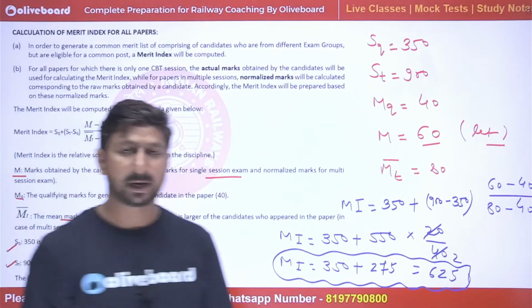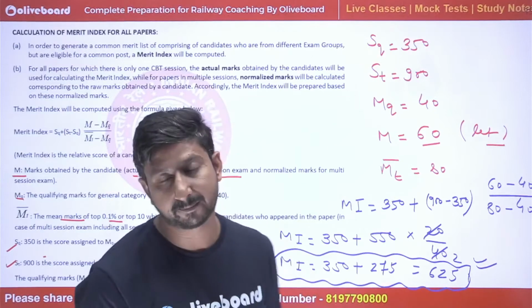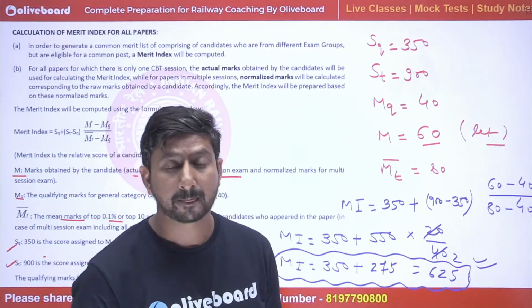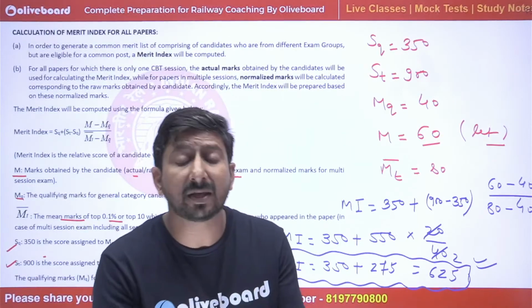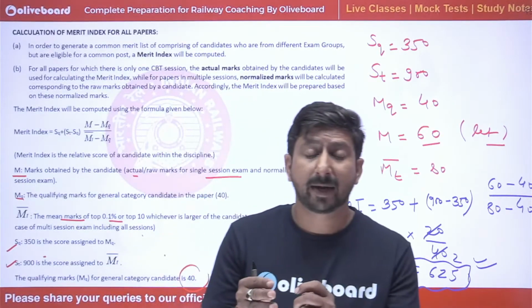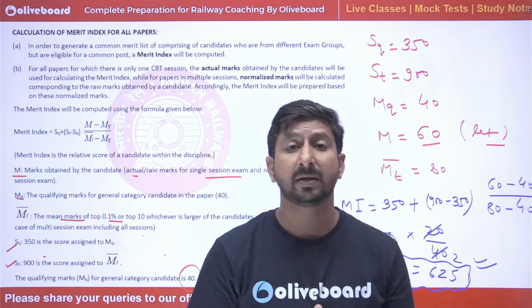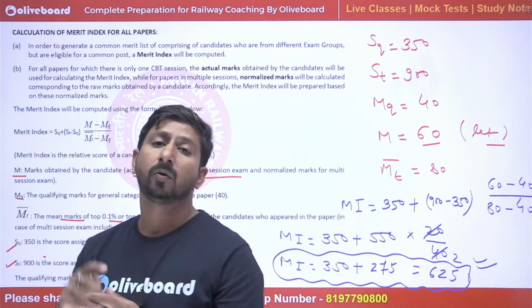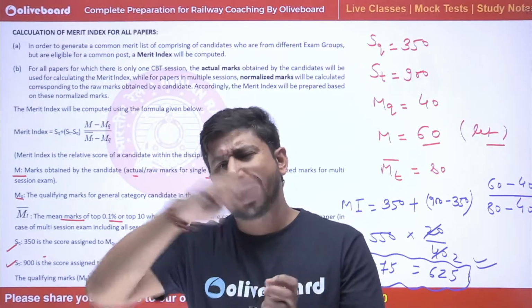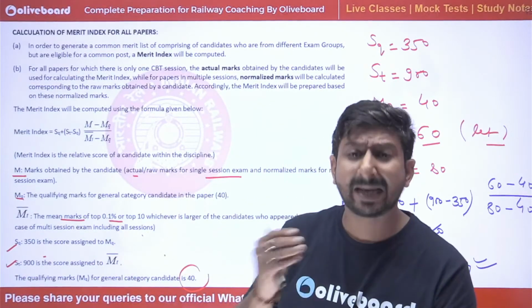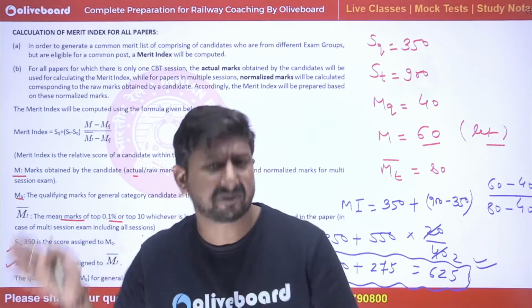I hope you all are getting this. So this is the formula for how the merit index is calculated. After the merit index, some students can be benefited, some students can feel low, but this is calculated when the level of the paper is different for different students.